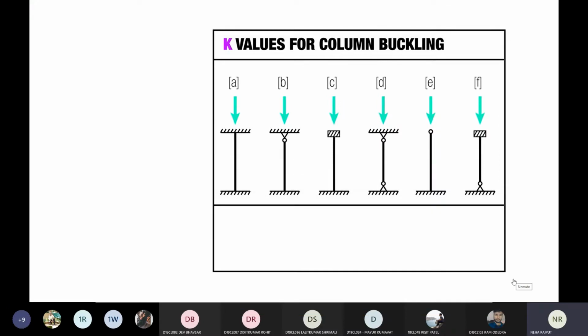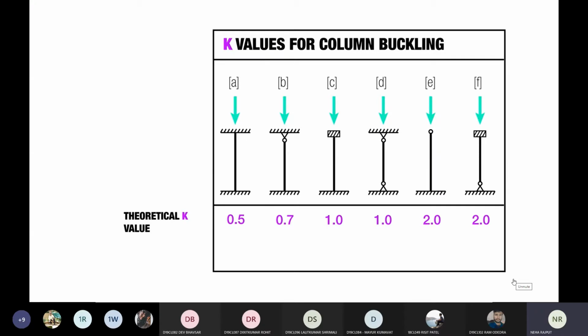What we're going to need to do when we do the calculation, when we figure out likelihood of buckling, is run through a formula. I'm not going to get into the formula right here, but in that formula, there's a value called K. And that K value, you look up on this table to determine its likelihood of buckling.